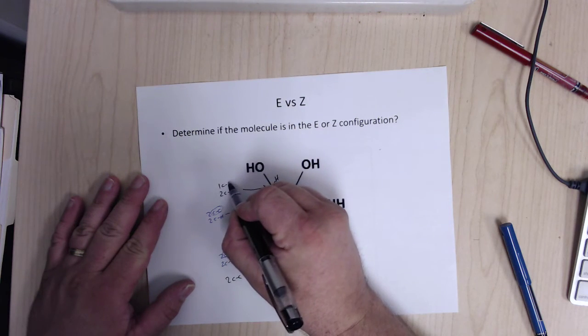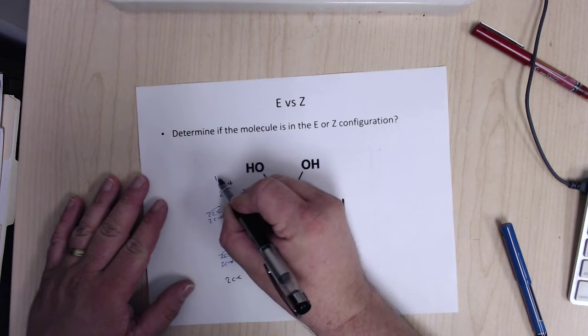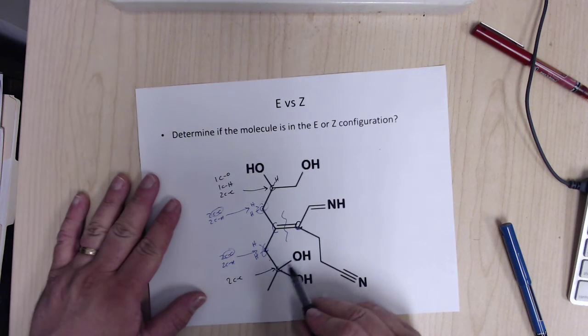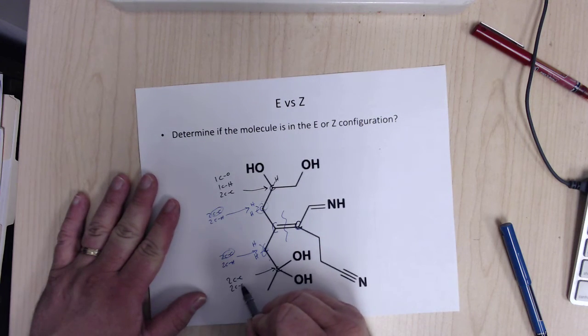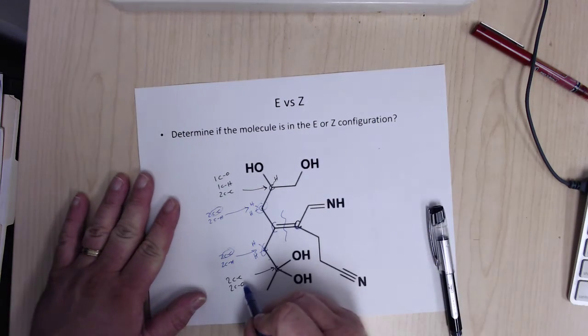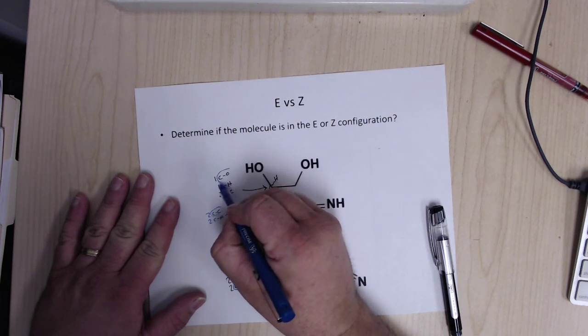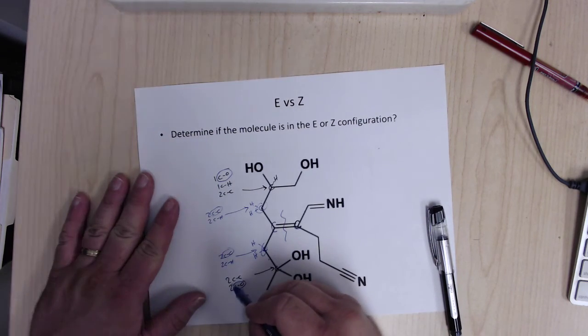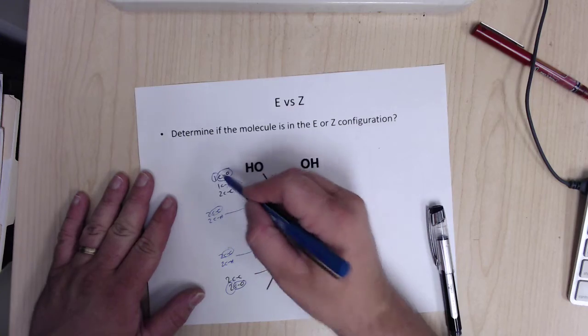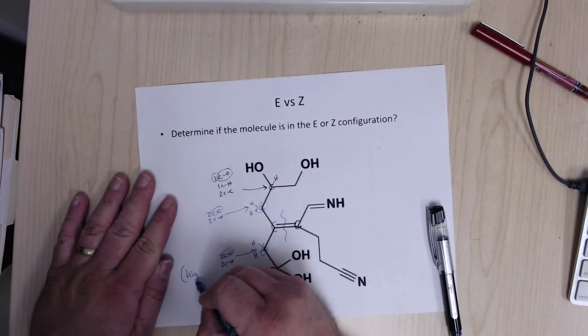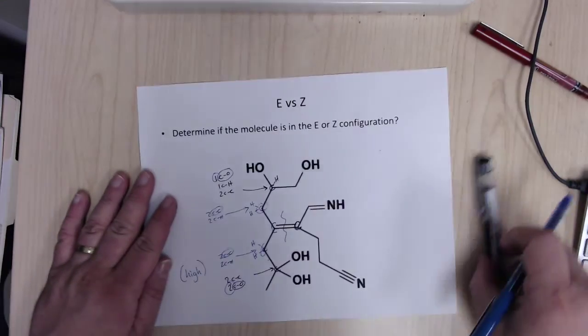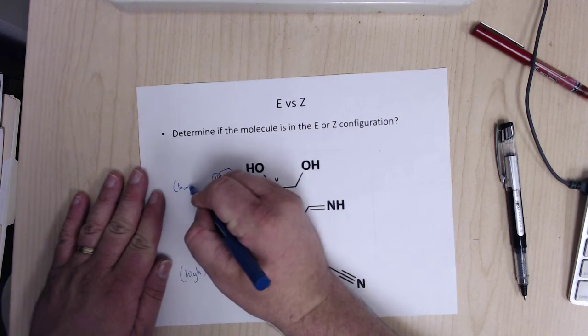So there's 1 carbon-hydrogen, and then 1 carbon-oxygen. This one, however, has 2 carbon-oxygen bonds. And so the heaviest bond in this case is carbon and oxygen. This one has 2 of them, this one only has 1, so that means this is the high side, and this is the low.